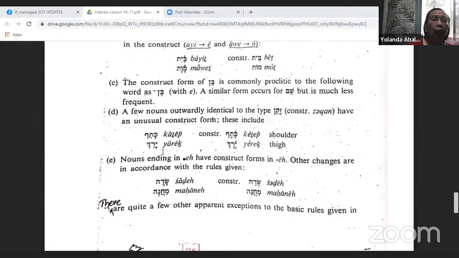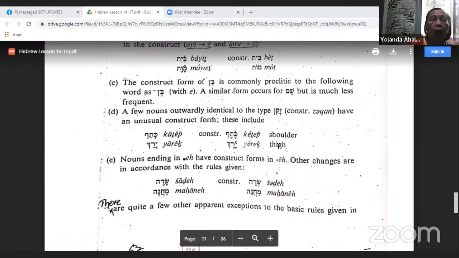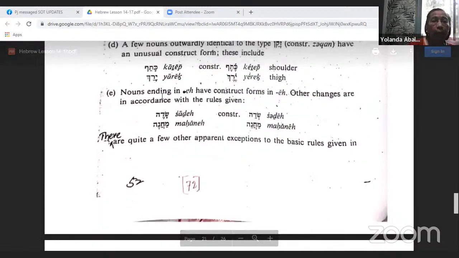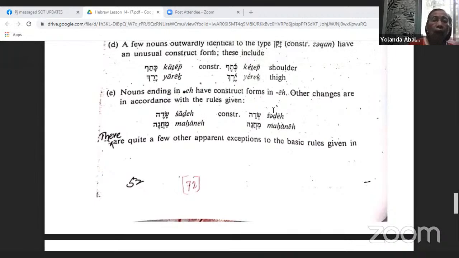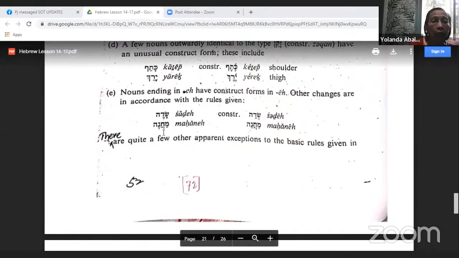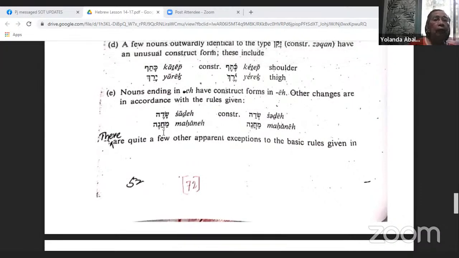Yarek, thigh, itong pigi. Yarek, thigh of. Sade is the field. A field. Construct it. Side, field of. Makane, camps. Construct it. Mekane, the camp of.